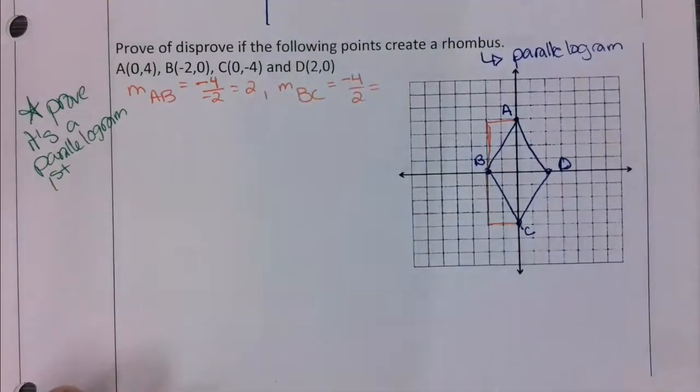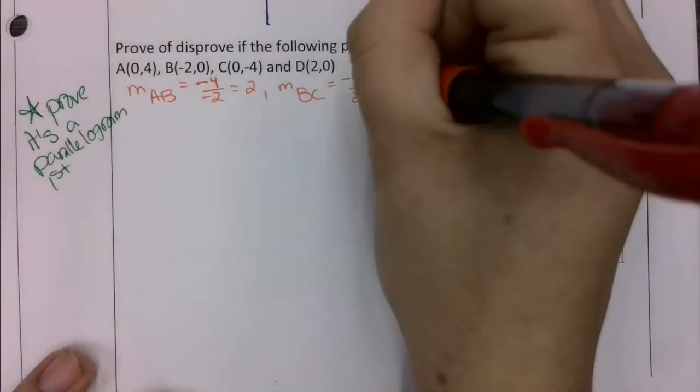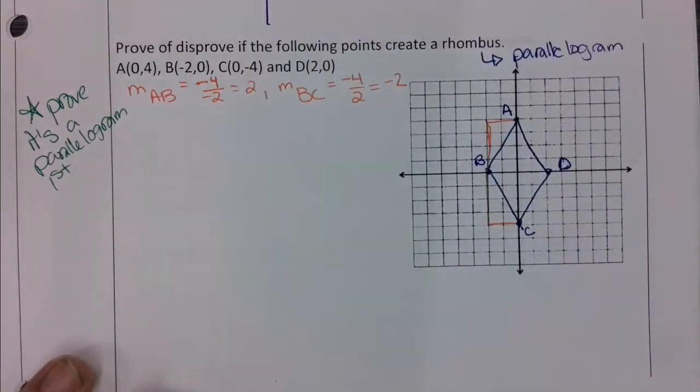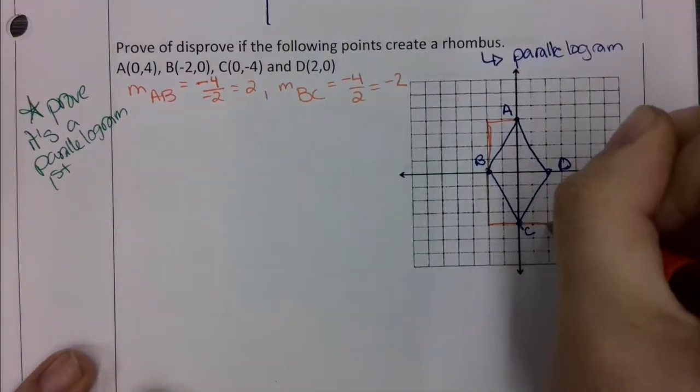So this one simplifies to negative. Okay, then I have CD.